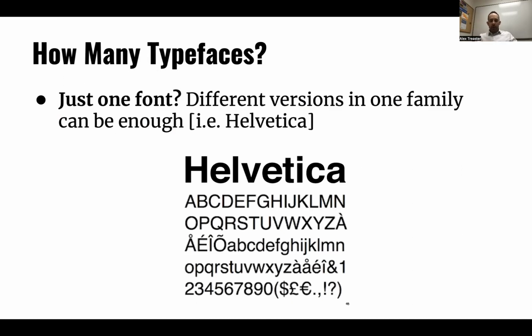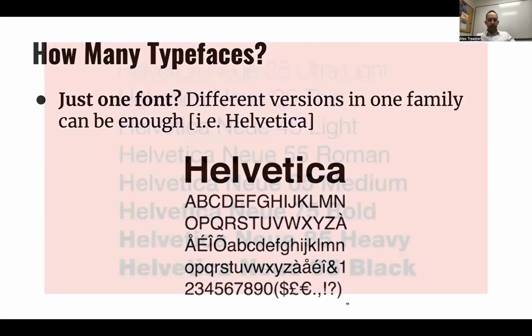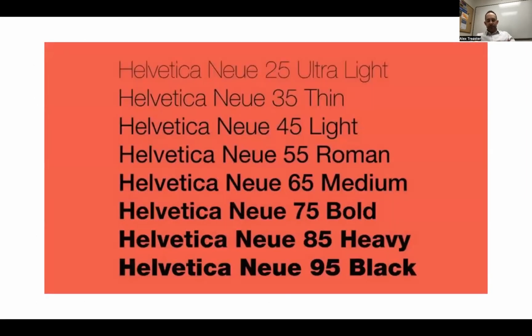But there are so many different weights to Helvetica that you could combine, and it would still create an interesting sense of contrast and variation, similar to what you would have from combining a couple of different fonts of different styles. Here's a good example of what those different weights look like for Helvetica, from ultralight all the way to heavy black.